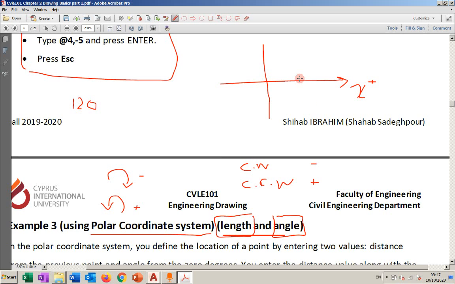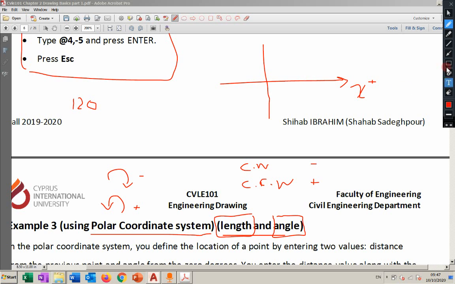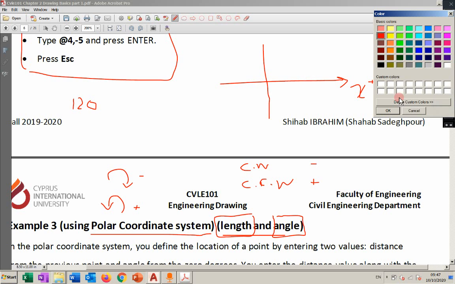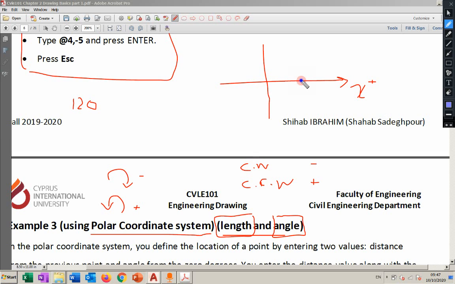So AutoCAD directly starts from the positive x-axis and measures 120, and it goes counterclockwise. Yes, this is 90, and somehow here will be 120. This is 120. It was positive.